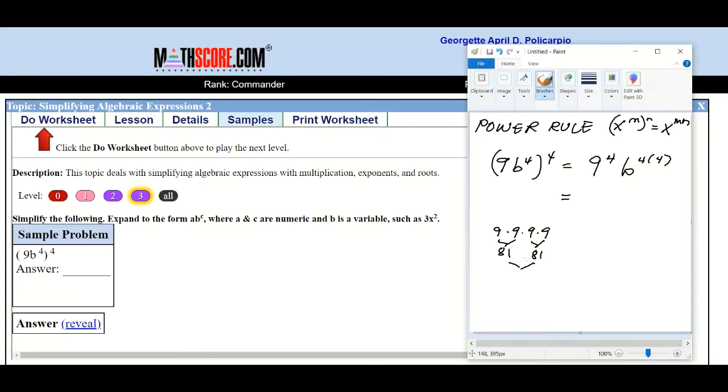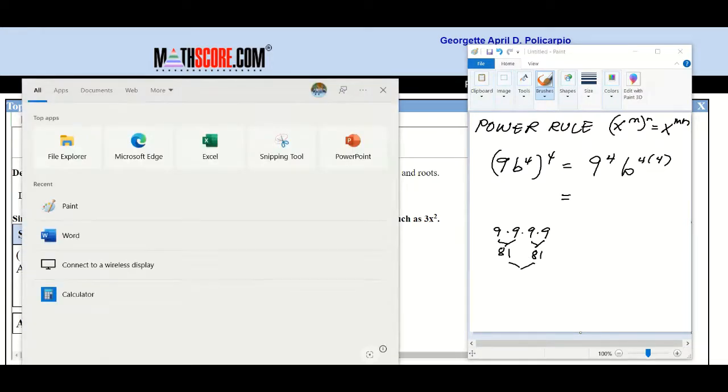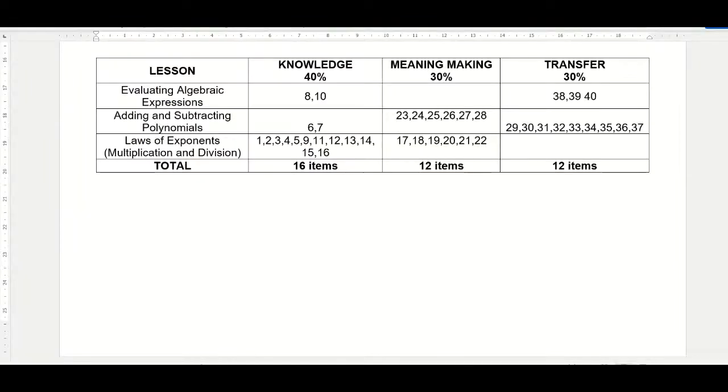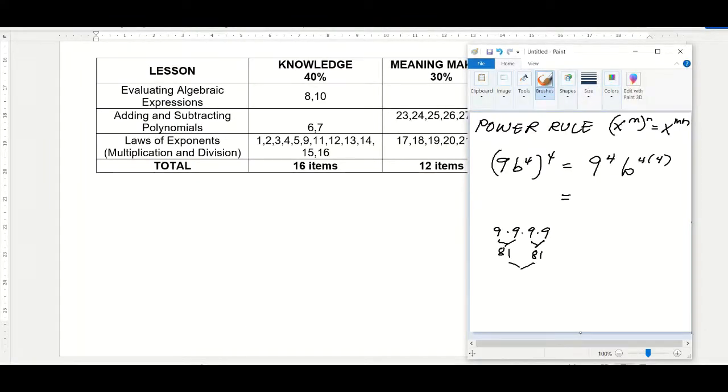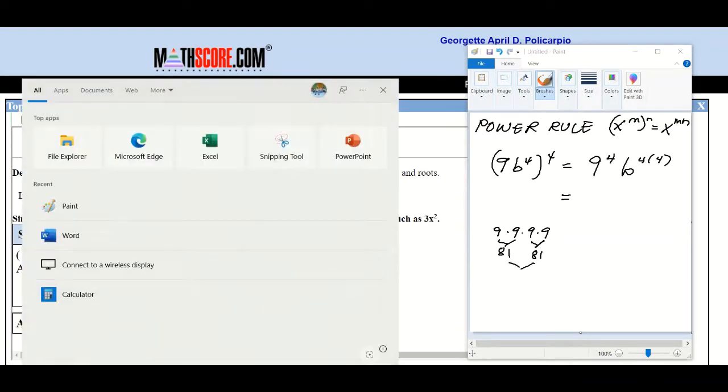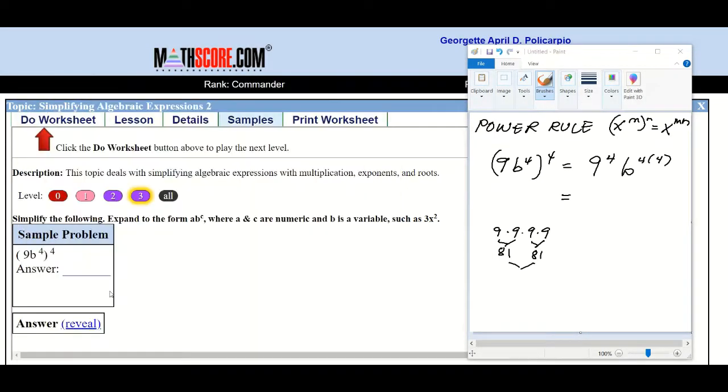Multiply na lang natin tong dalawang to. Mag-calculate na tayo para hindi tayo super tagal, pero actually, kakayanan nyo naman to kahit walang calculator.